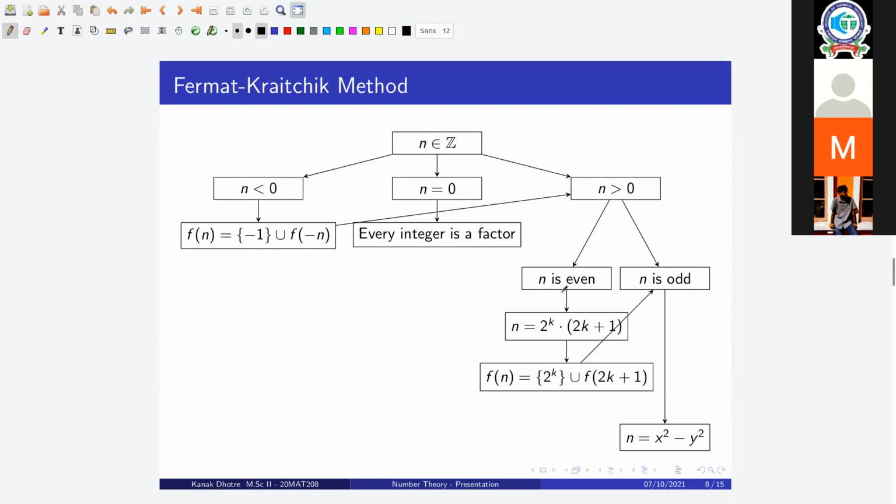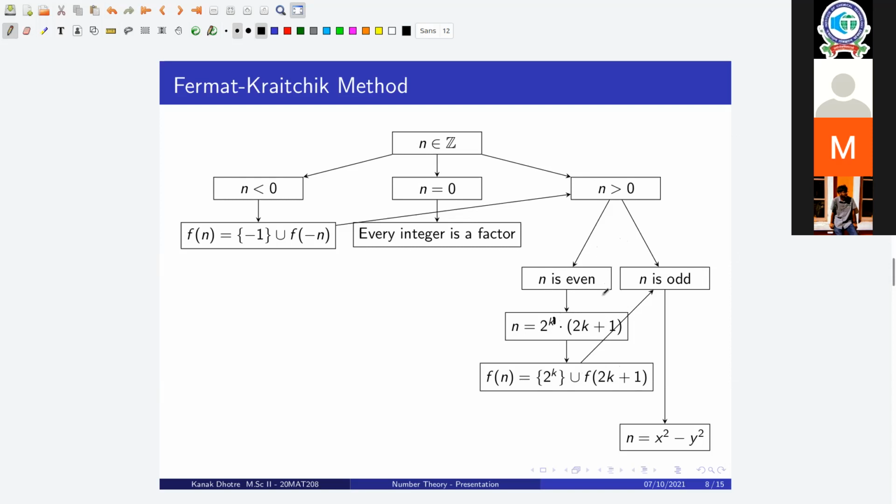Even there, if n is even, what you can do is keep factoring 2 out till you're left with some 2 raised to k times 2k' plus 1. I mean, this should be k dash, I'm sorry. So once we're done with that, the factors of n become just the collection of those 2's, 2 raised to k, and then we take the union with the odd factors of the odd part.